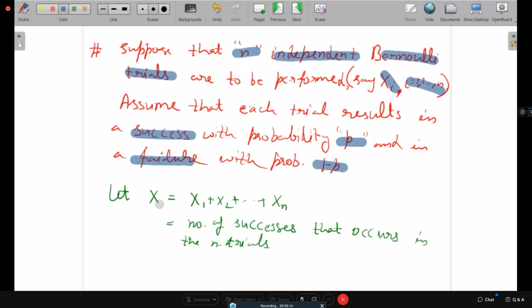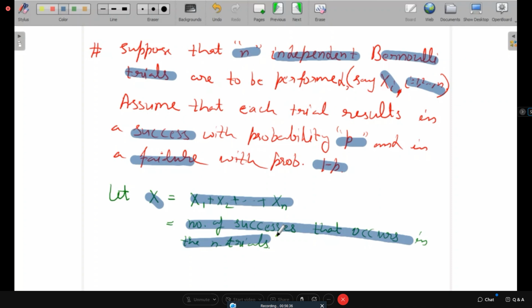Let X denote the sum of these n Bernoulli trials. Physically, this is the number of successes that occur in the n trials. So it may be 1 success, 2 successes, or no success in n trials.